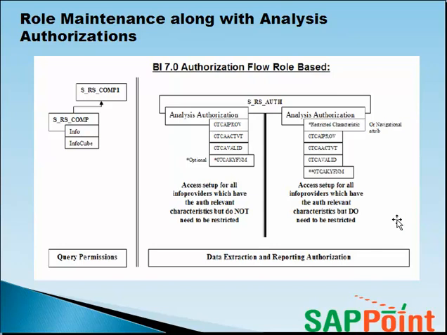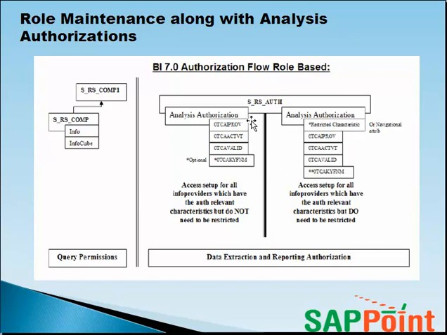Now, role maintenance along with analysis authorization. You use the transaction RSECADMIN to define and create analysis authorizations. When you compare BW 3.x and BI7, you will see that we don't see the info provider objects like S_RS_ICUBE, S_RS_ODSO.